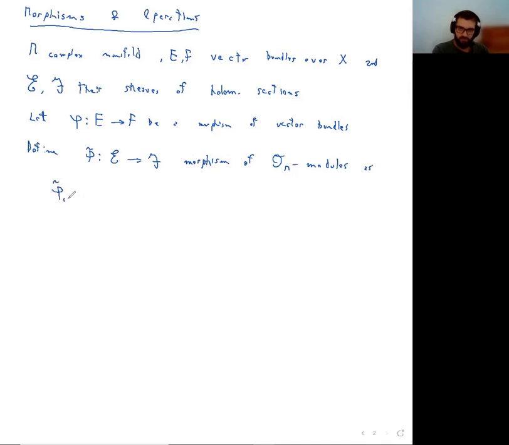The idea is clear: if you do it on a particular open set, then you take a section s of the bundle E, and we basically act by pushforward, phi composed with s, in script F of U. And of course, here s is a section of E over U.